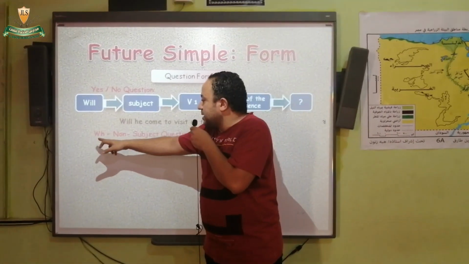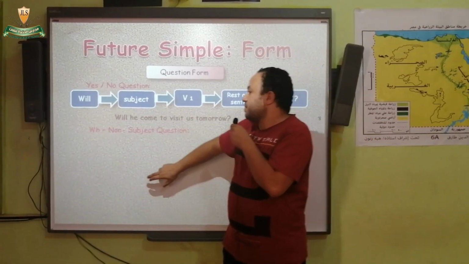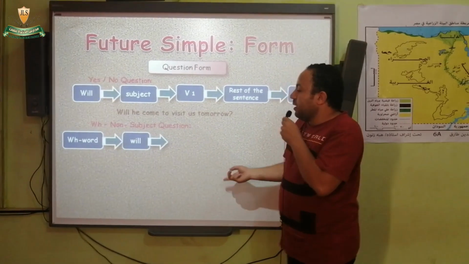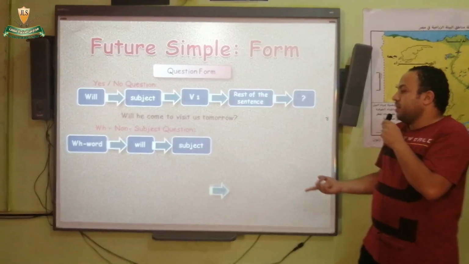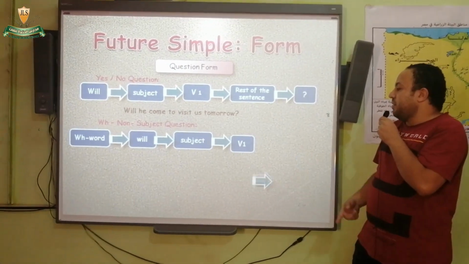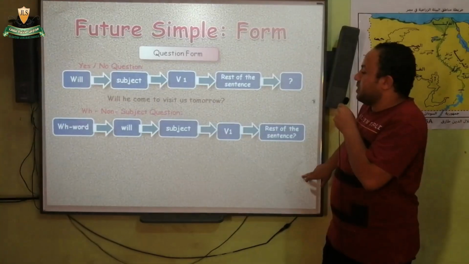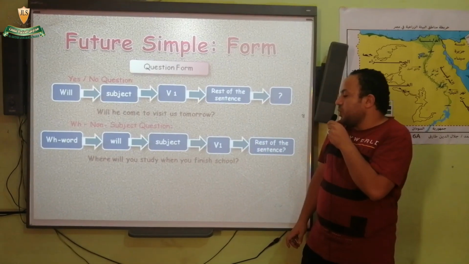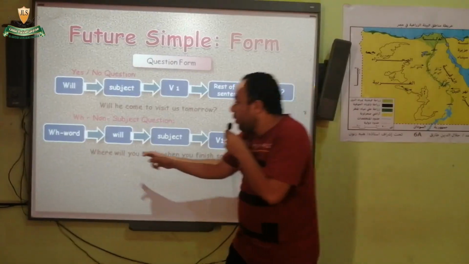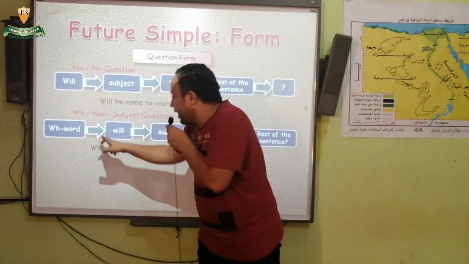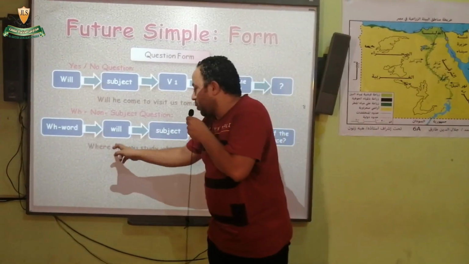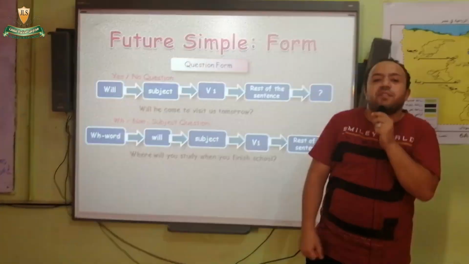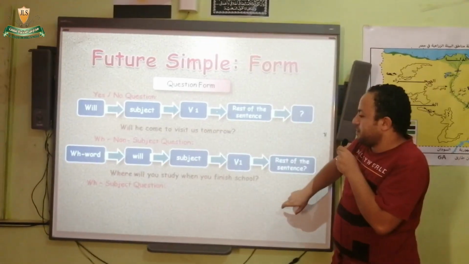The next form is the WH question: WH word plus will plus subject plus infinitive and the rest of the sentence. For example, where will you study when you finish school? So we have the question word where plus will plus the subject you and the infinitive study.